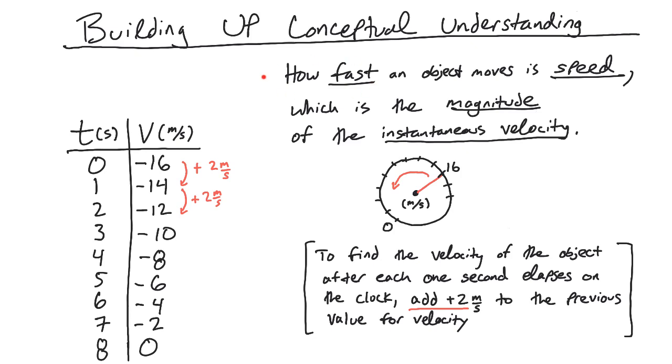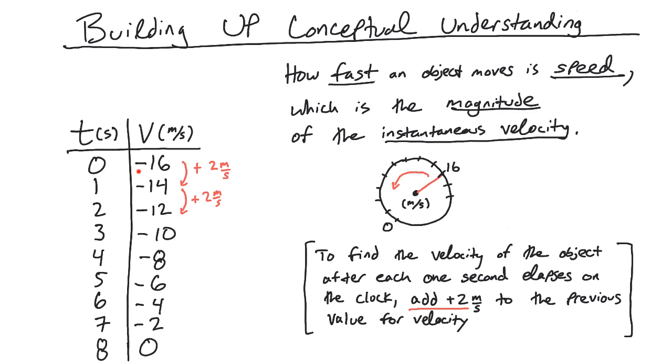So how fast an object moves, well, that's what we mean when we're talking just about speed. Are we going fast or slow, etc.? And that's the magnitude of the instantaneous velocity. That's just the size of the number without reference to any direction. So this, I know it says minus 16. The minus indicates the direction we're traveling in.